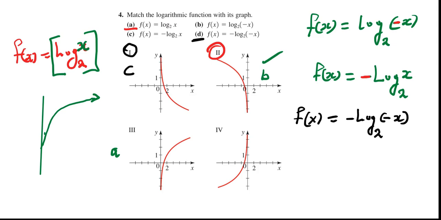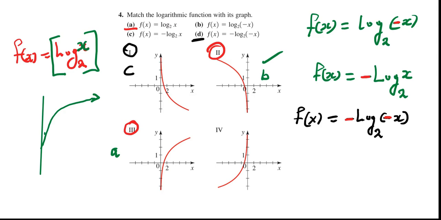So now we have the negative sign outside and also inside. So remember that when x is negative, that is a reflection across the y-axis. And you know, when we reflected graph 3 across the y-axis, that gave birth to graph 2.